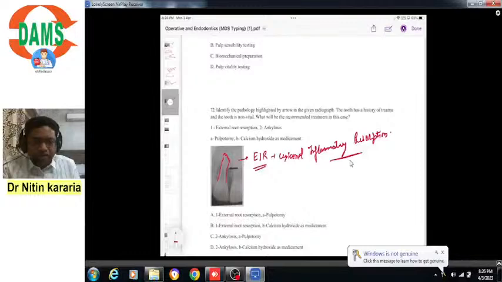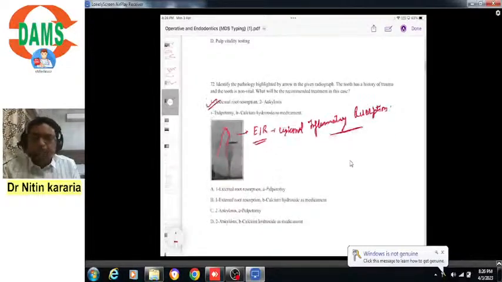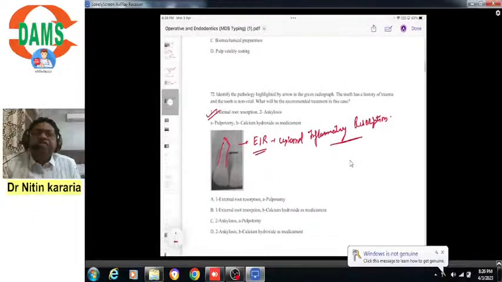and not the tooth ankylosis. And what is the treatment, pulpotomy or calcium hydroxide as a medicament? See, pulpotomy is basically a part of vital pulp therapy. The question itself says the tooth is non-vital, so there is no question of pulpotomy. There is no vital pulp to preserve. We would do a pulpectomy procedure, okay, with an intracanal medicament that prevents the resorption.